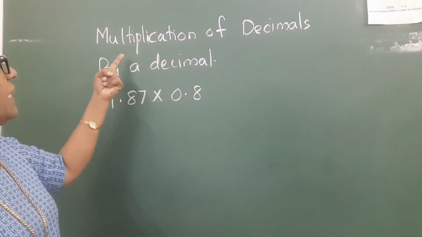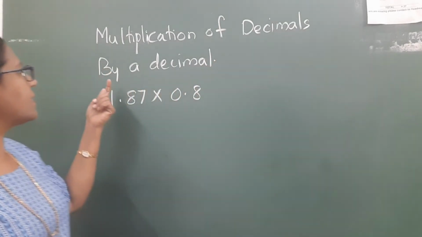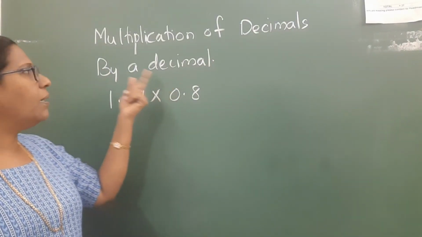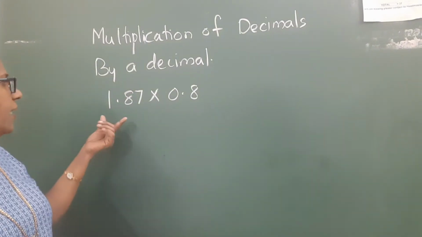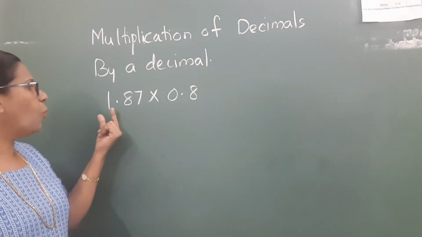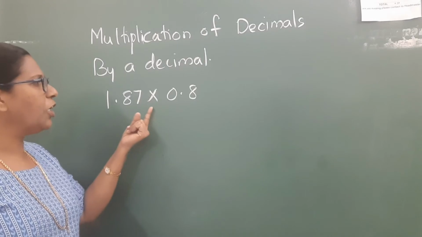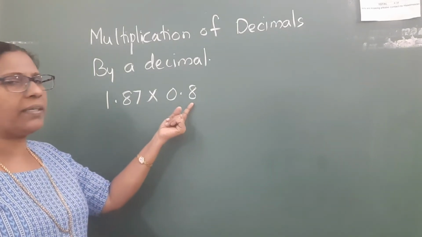Next one. Multiplication of decimals by a decimal. Here I have taken the example 1.87 into 0.8.